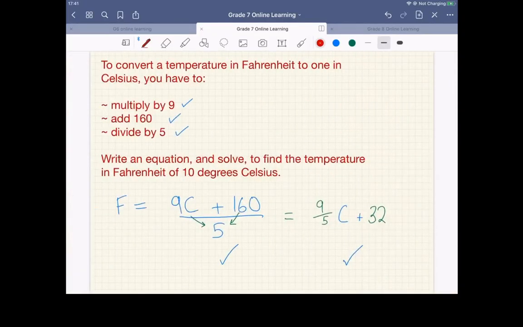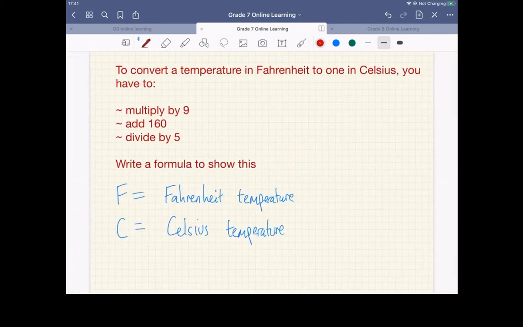So again, sometimes you'll get asked to do a formula, sometimes you'll get asked to solve. Make sure that you are sure of which is which. Use the keywords in the question to help you. Okay, let's just go back and have one last look at those last two examples. We had write a formula. That's where you're just going to end up with something which doesn't have a definitive answer.